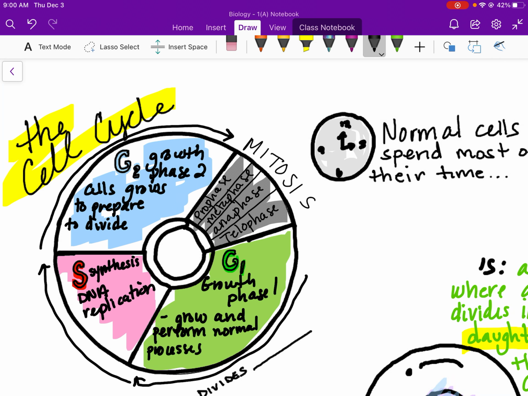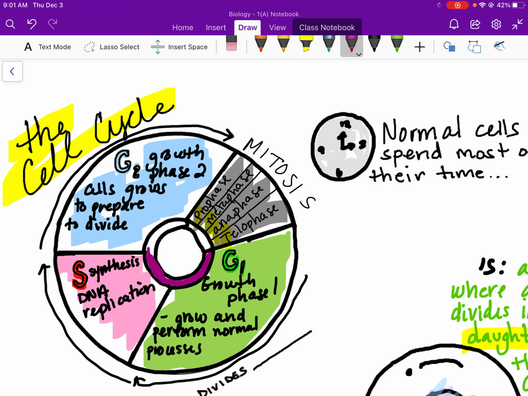So I like to remember it as PMAT. PMAT. So out here in the G1, the S, and the G2, our cell goes through what's called interphase. So that's this whole process right here.